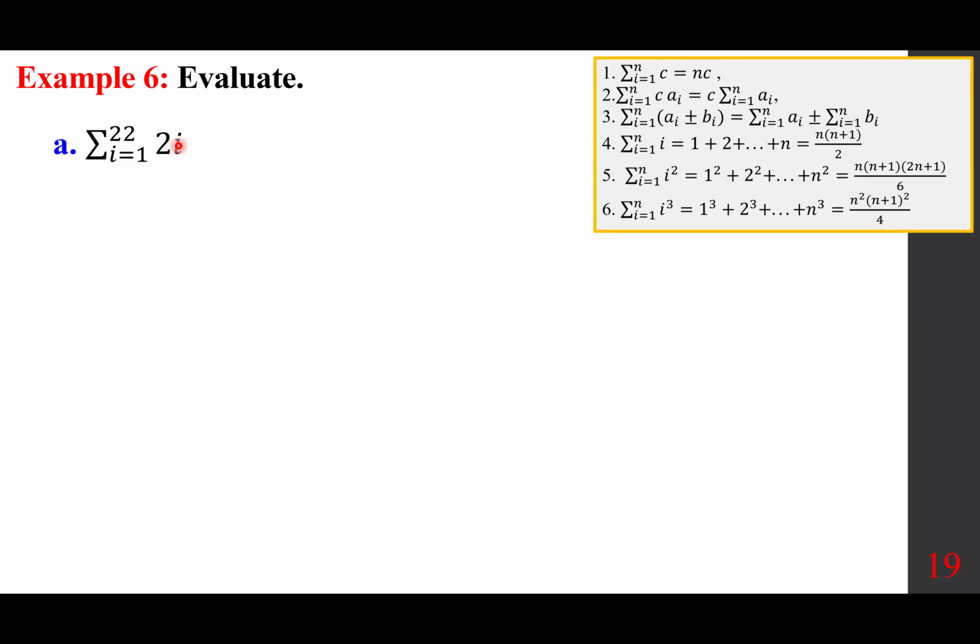The summation of 2i as i goes from 1 to 22. According to one of the properties, I can take the 2 out. Then I can use this one, summation of i is n times n plus 1 divided by 2.